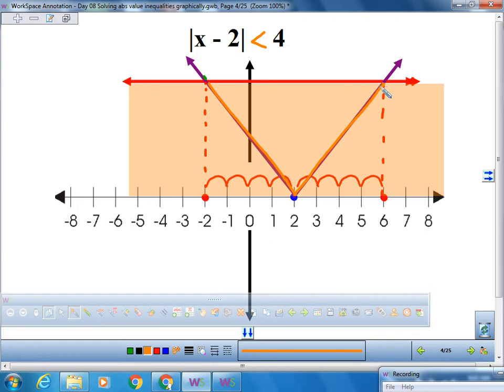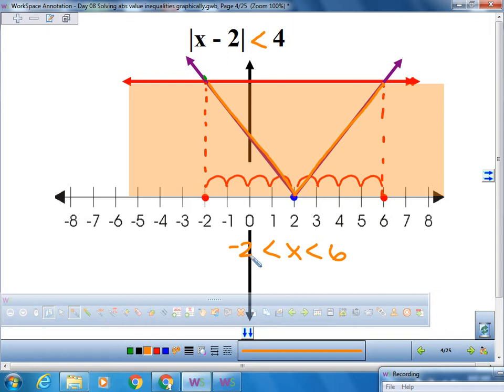They're all in this area right here. So x must be in between -2 and 6. Make sense? All the values of the v that are below are everything that's right here in between. All these values are solutions.